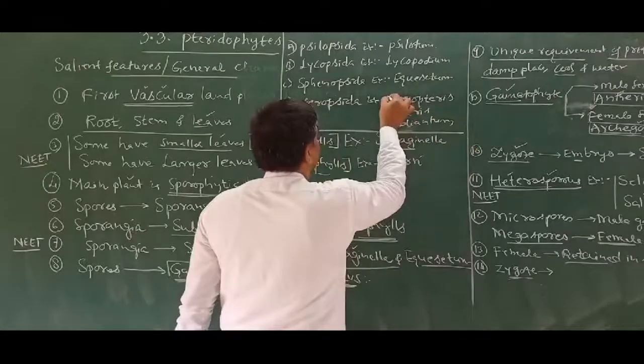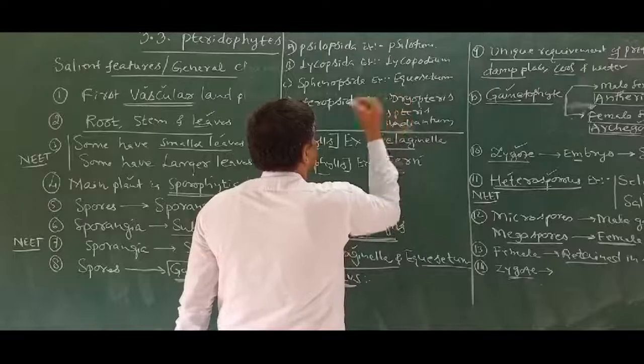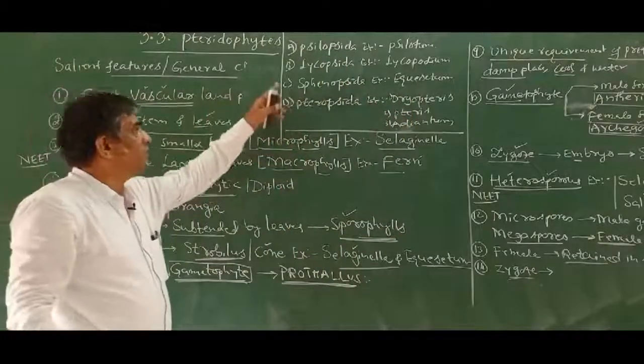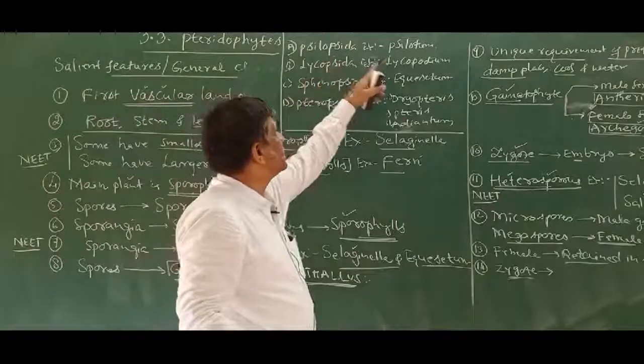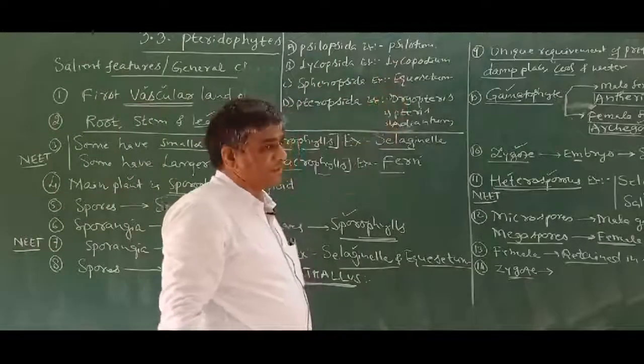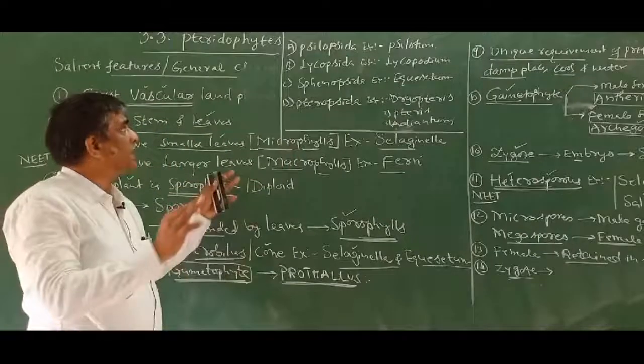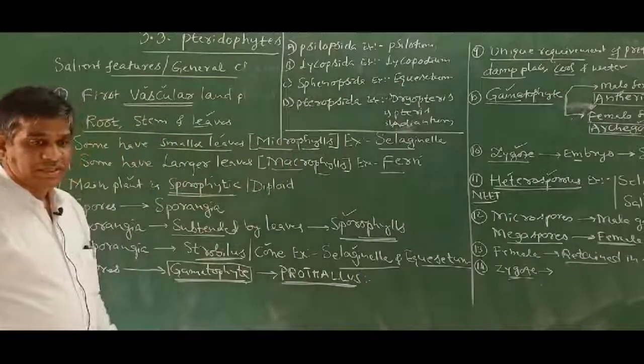So these are three examples for this class. Like this we can classify pteridophytes into three different classes, which have unique or specific examples. So with this, the general characteristics of pteridophytes are over.